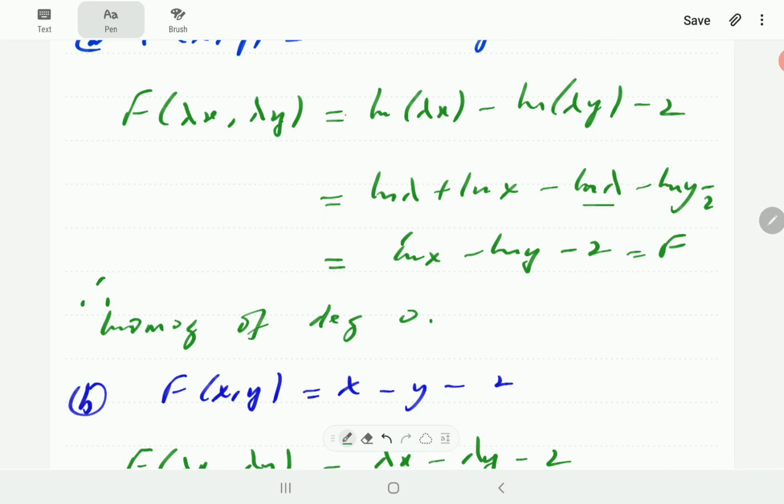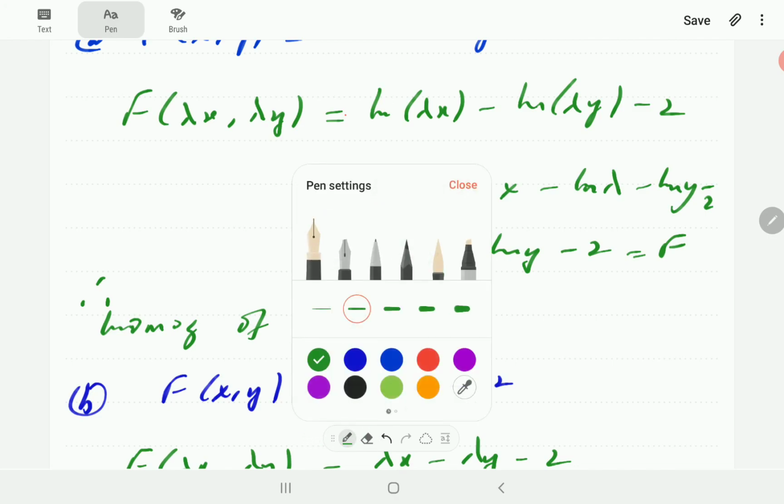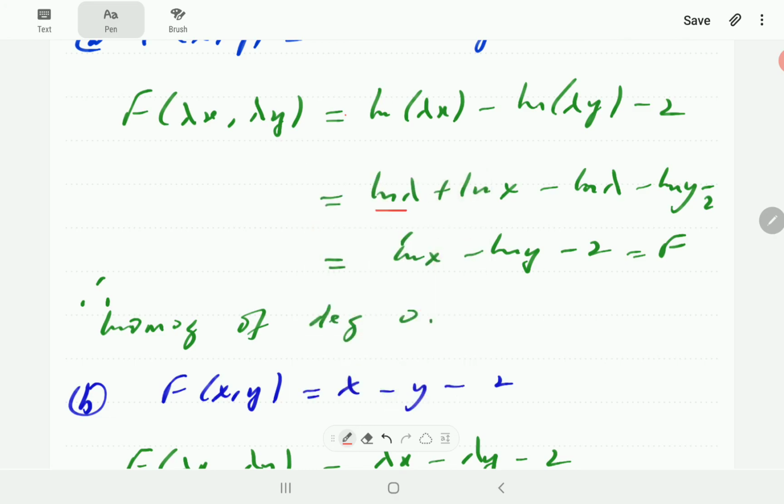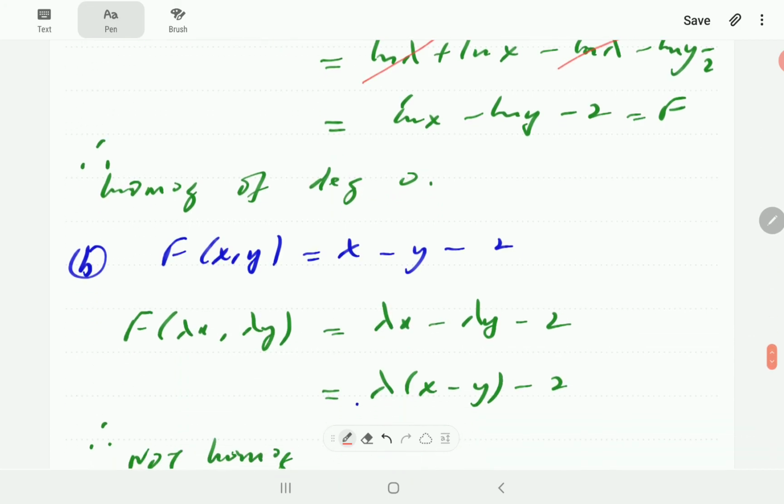This one is going to be ln lambda minus ln y minus 2, and then the terms involving lambda are going to cancel out because we've got plus here and minus here, and so we are back to the same function we started with. So it means f is homogeneous of degree 0.